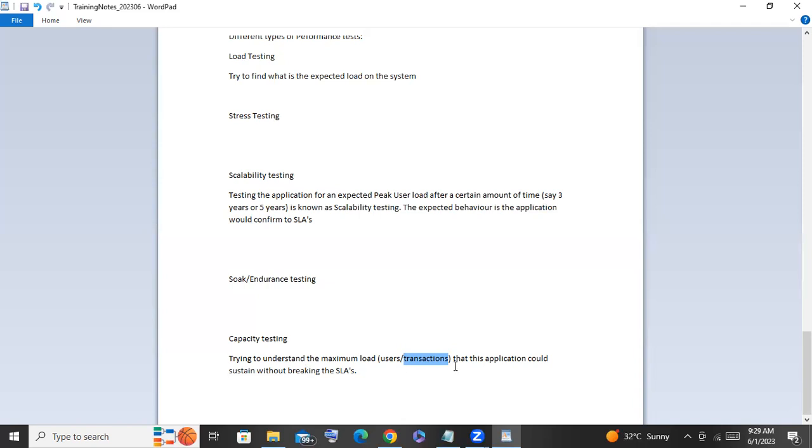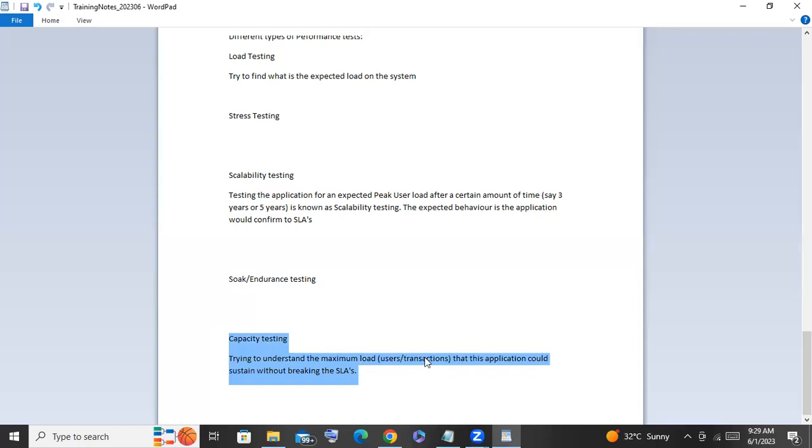And when I say the application starts breaking, I mean only that the SLAs are broken. I don't care when the application would completely break. I don't even want to know that point, because by the time it comes to that point, all my users are gone. There will not be any users on the application. So this is what capacity testing is.